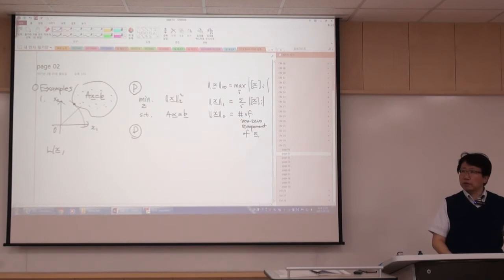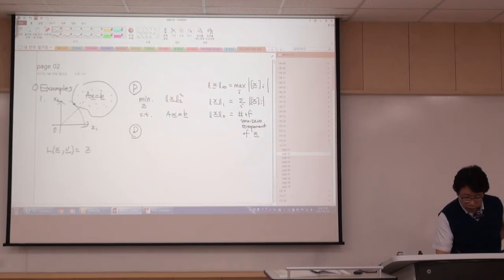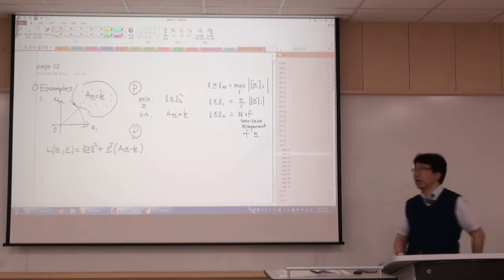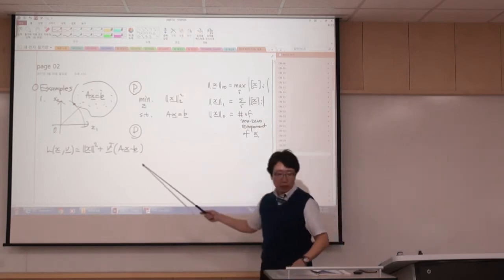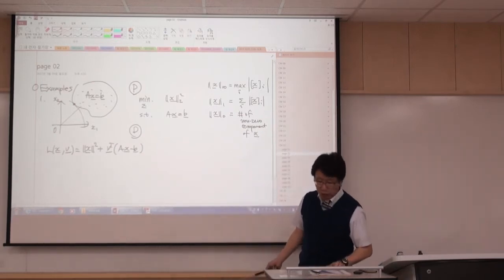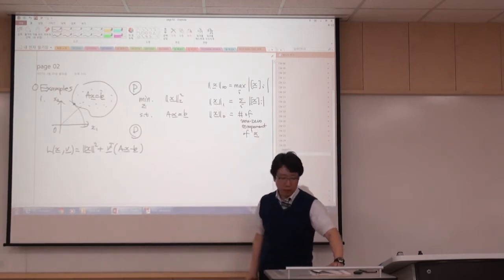Here we don't have inequality constraints, so let's introduce nu only. So here goes our objective function, and we may use Ax minus b or b minus Ax. It doesn't matter. Our lecture note has this Ax minus b.